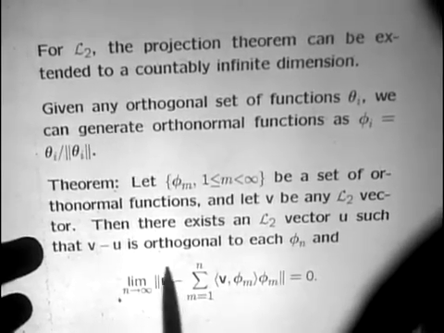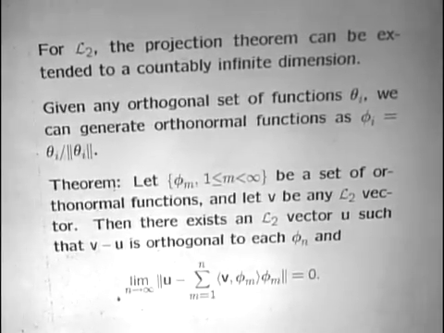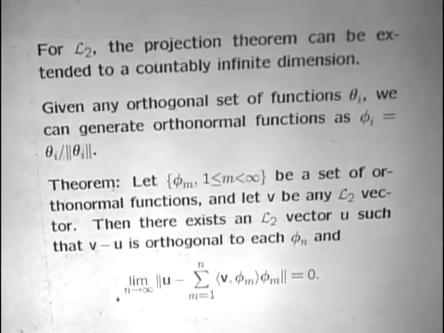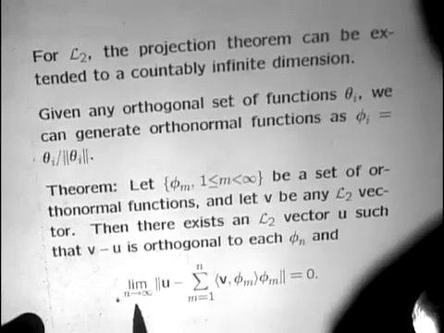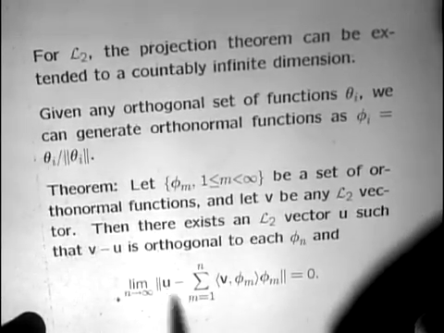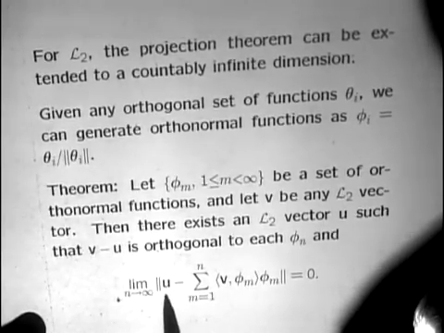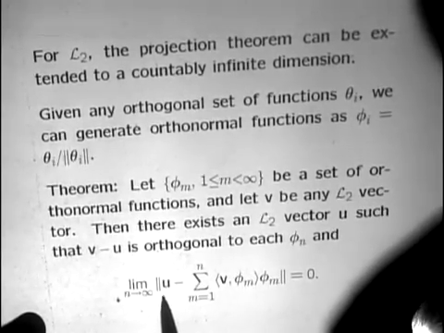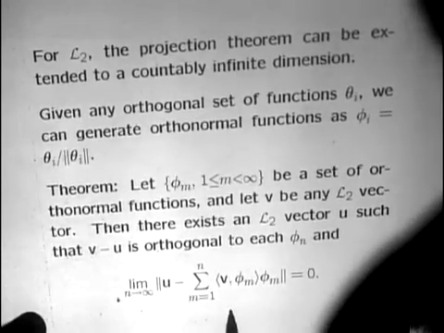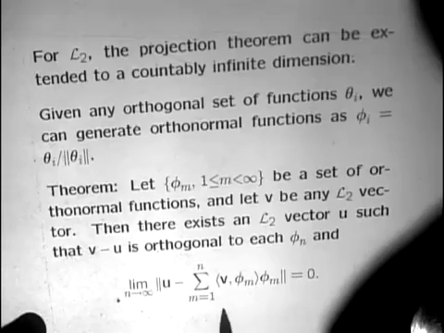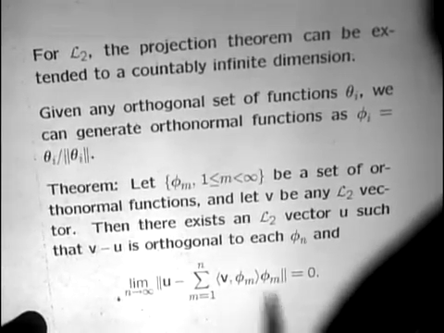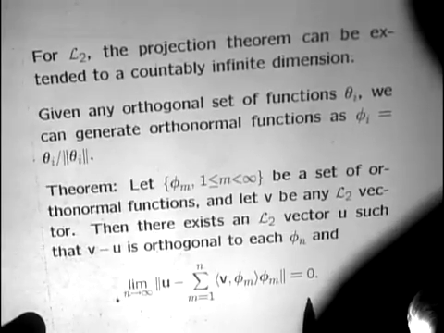In other words, this is the projection theorem carried on as n goes to infinity. But I can't quite state it in the way I did before. I need a limit in here, which says the limit as n goes to infinity of u, namely what is now going to be this projection, minus this term here, which is the term in the subspace of these orthonormal functions. This difference goes to 0.